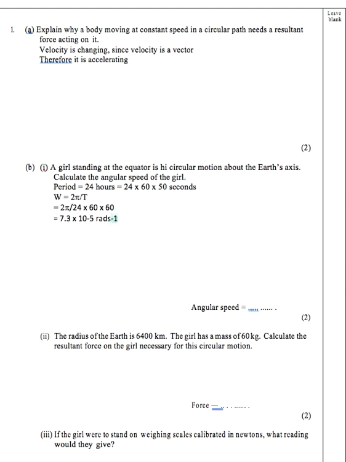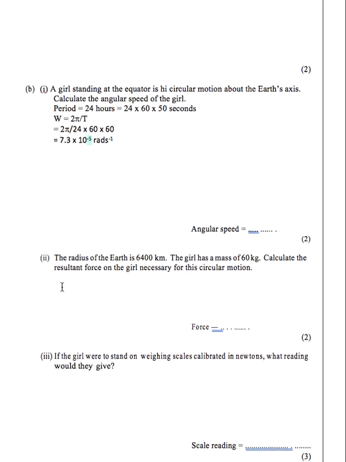So there's my per second there, and my 10 to the minus 5 there. So there it is. And that's a familiar number, the angular speed of anything rotating around the Earth at the Earth's given radius. Obviously the radius of the Earth changes because it isn't actually a sphere, but it is a geoid, Earth-shaped. So there's the answer to B part 1.